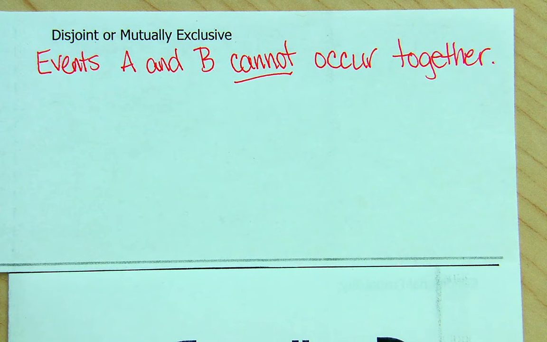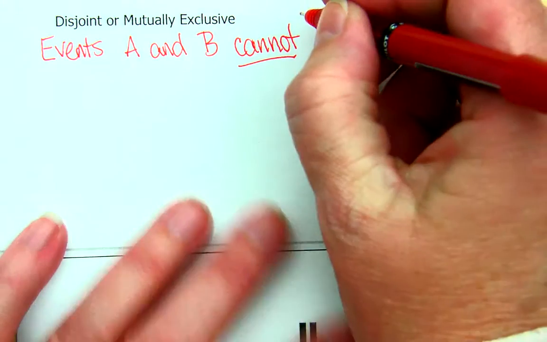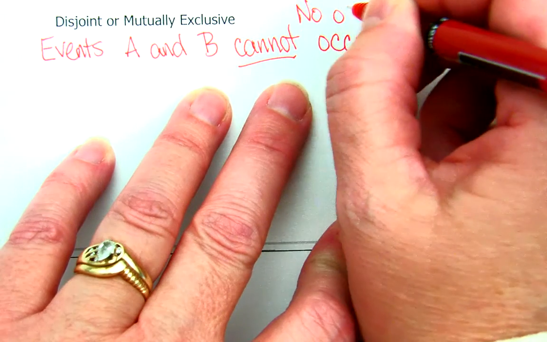We can have one or we can have the other, but we can't have both. So with this one, there would be no overlap.